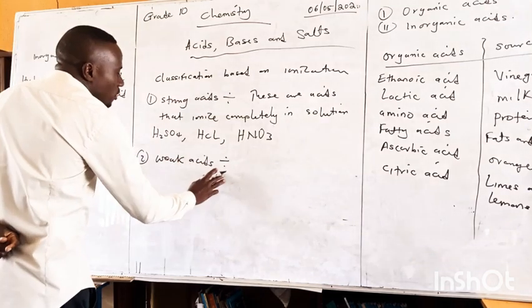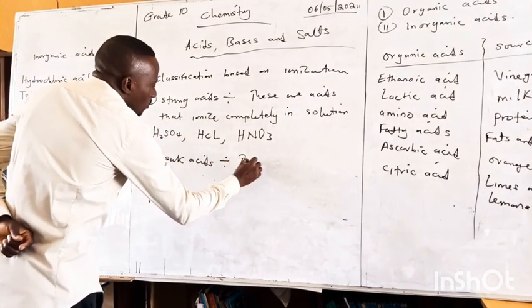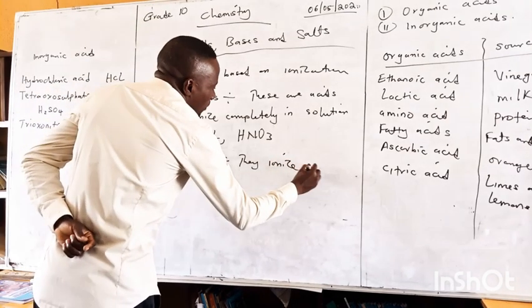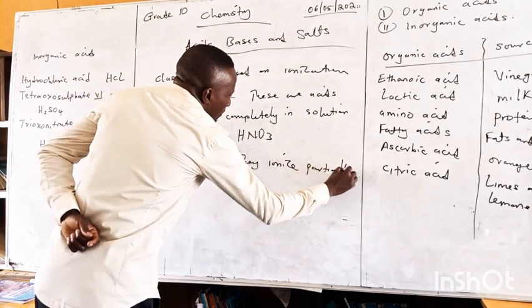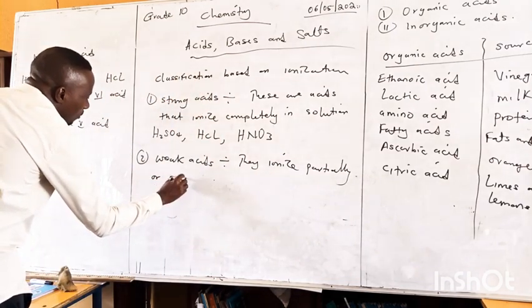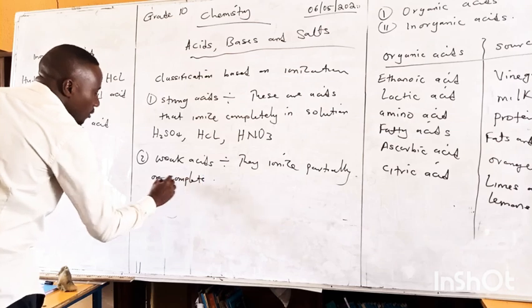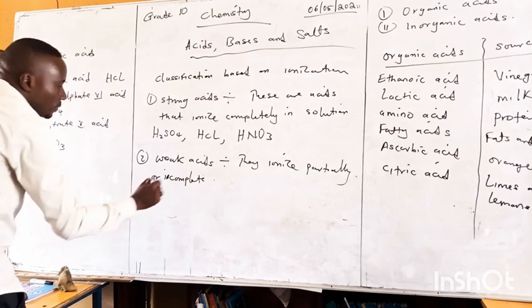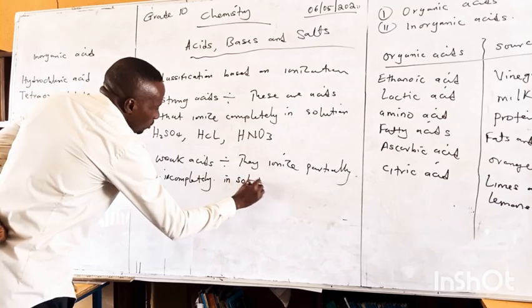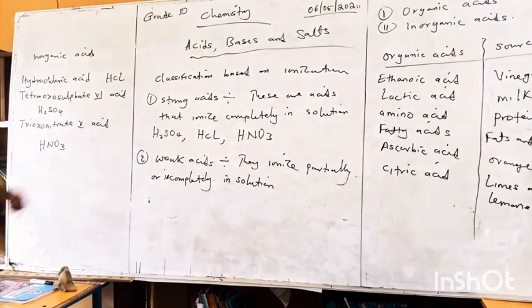They ionize partially, or incompletely, in solution. So weak acids are acids that ionize partially or incompletely in solution.